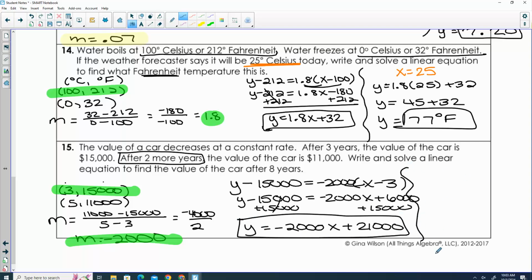Then we have to go back and answer the question. So now it tells me to solve the equation, find the value of the car after 8 years. Blair, if I give you 8 years, is that my X or my Y? X. Okay, so my X is 8.